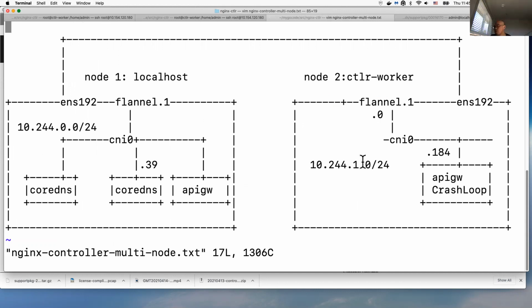Say in your Kubernetes cluster system, if you use Flannel VXLAN as a tunnel for the pod communication between, say, the API gateway pod here in node controller worker and the CoreDNS pod in node localhost.